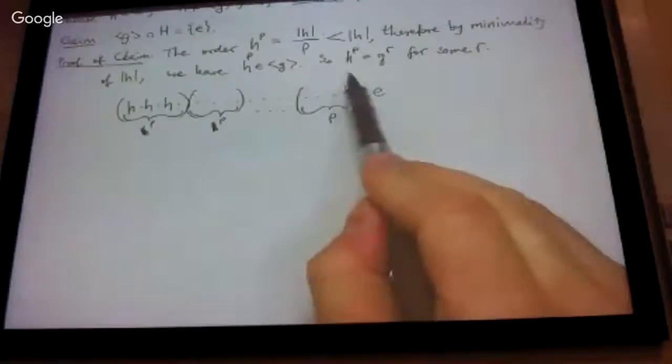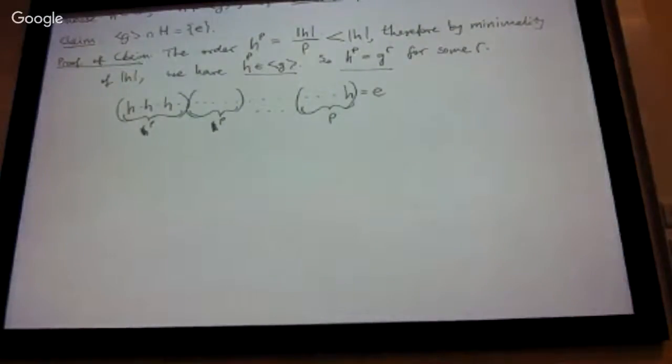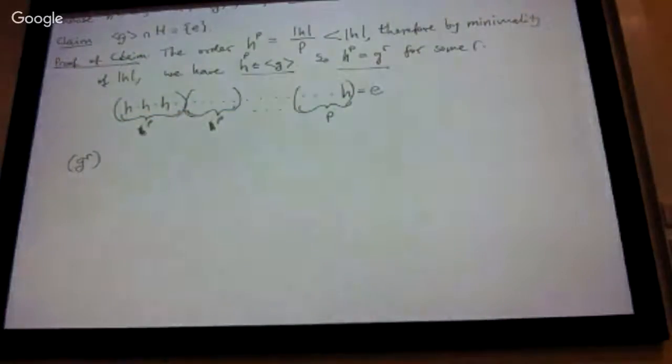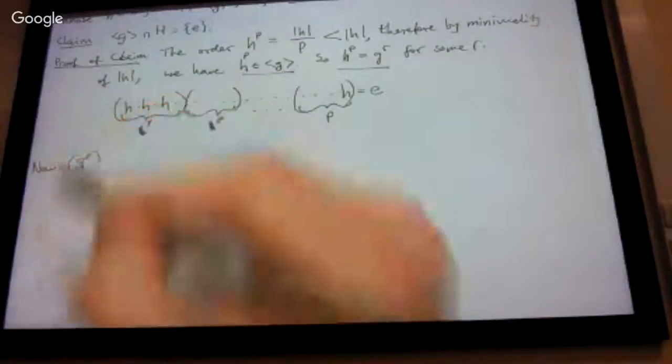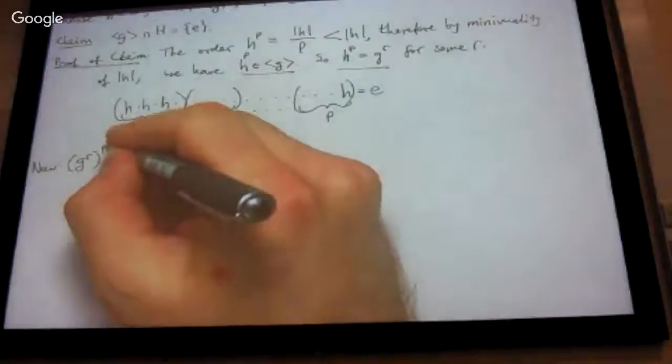So where are we? Because it's in that subgroup, it has to be a power of g, because that subgroup is powers of g. Now, g to the r, if I do this, to the p to the m minus 1.